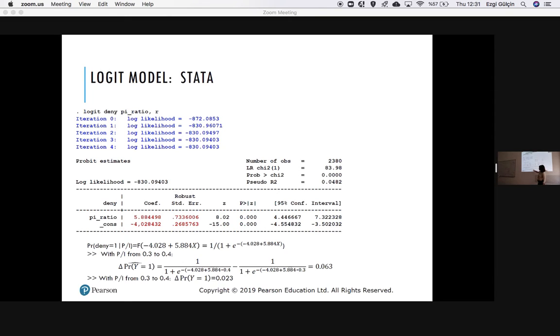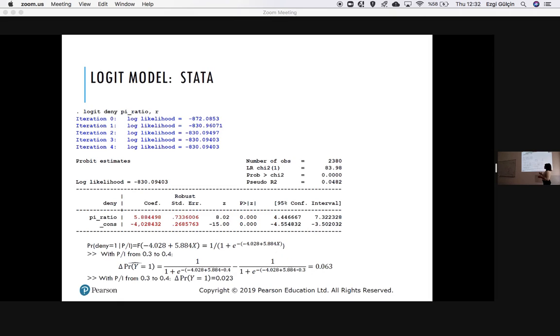When x is equal to 0.4, this is a number. When x is equal to 0.3, this is a number. We are computing directly the difference between the predicted probability of being denied when x is equal to 0.4 and the predicted probability of being denied when x is equal to 0.3. And this is the difference.